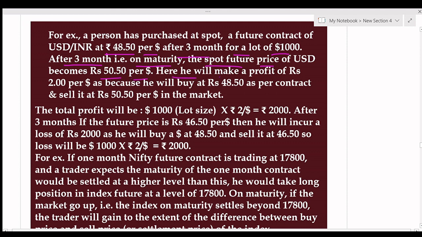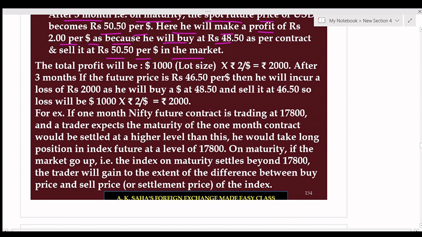Here he will make a profit of rupees 2 per dollar, because he will buy at rupees 48.50 as per contract and sell it at rupees 50.50 per dollar in the market. The total profit will be $1,000, one lot, multiplied by rupees 2 per dollar, that is equal to rupees 2000.